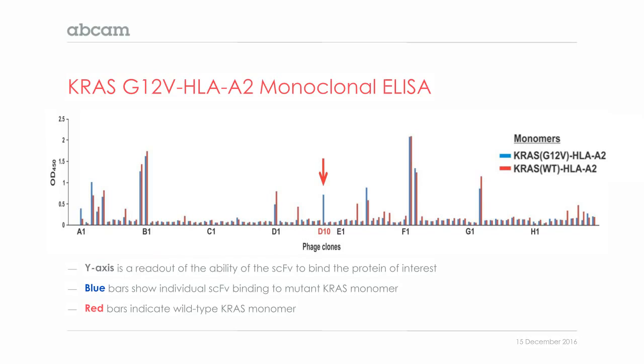What you'll notice is that for the majority of scFv clones here, they either exhibit no binding to either monomer or they exhibit very similar binding to both monomers. However, there was one clone, we call it D10 for the well position, that exhibited much higher binding to the mutant monomer than the wild-type monomer. So we re-amplified the D10 phage and characterized it again on ELISA to confirm that indeed this D10 clone was specific to the mutant monomer and did not recognize the wild-type monomer.